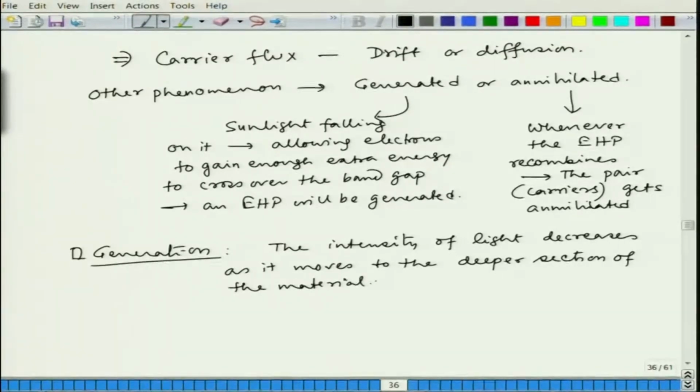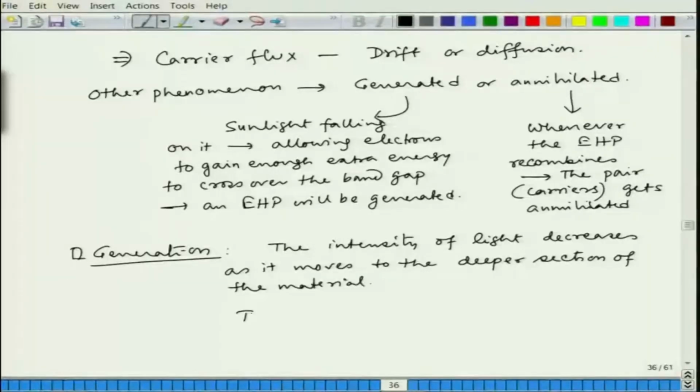On top of the material the intensity will be the highest, and as it travels through the material, the energy will be absorbed, and that is how it will be reduced in intensity. We can quantify that intensity reduction by a simple exponential drop, also called extinction.